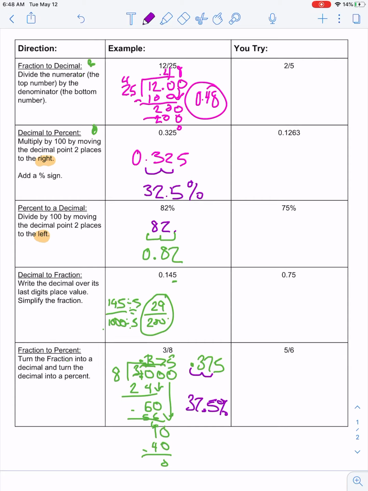So mainly, you need to know your top 3. Then you should be able to get between any of the fractions, decimals, or percents if you know those top 3 steps. So now I want you to try. I want you to turn 2/5 into a decimal.